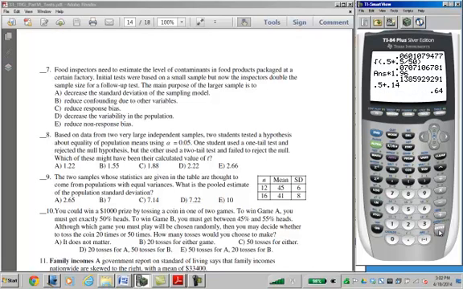Okay, and then 0.5 minus 0.14. All right, so the confidence interval for 50 throws is still pretty big, considerably wider than 45% and 55%. Okay, but anyway, that's the best you can do.